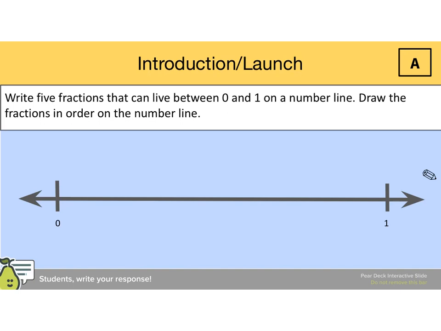So the first support is to provide students with disabilities with a number line, with the left hand end being 0 and the right hand end being 1.